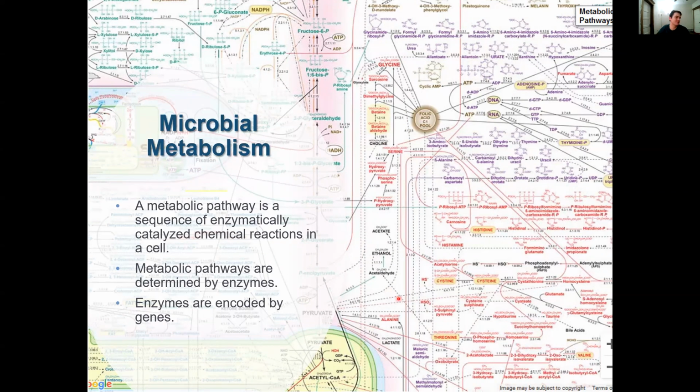I'd like to draw your attention to this background image. This is a small portion of the interactive metabolic pathway map created by Sigma Aldrich. I'd strongly encourage you to go look it up and download the entire thing. I think there are also posters that they sell of these, if I'm not mistaken. This is really impressive because it gives you an idea of just how many metabolic pathways there are and how they are interconnected and interwoven.